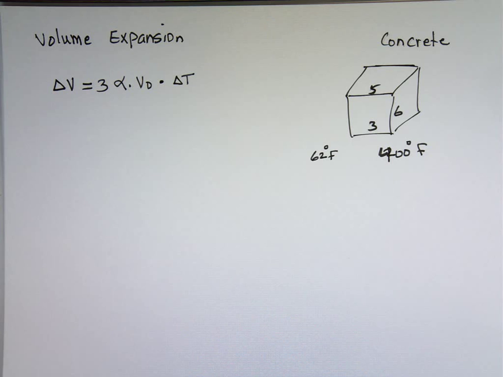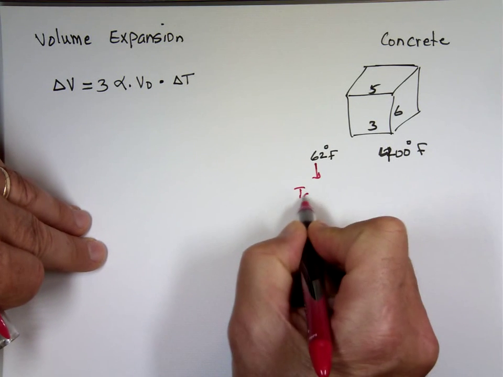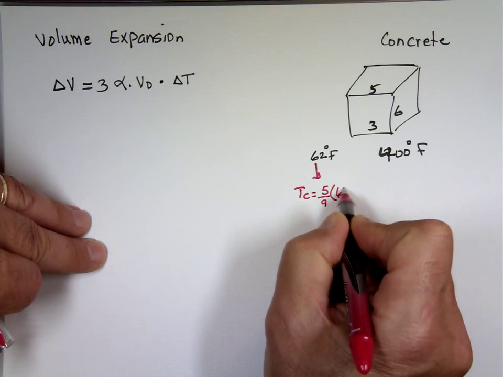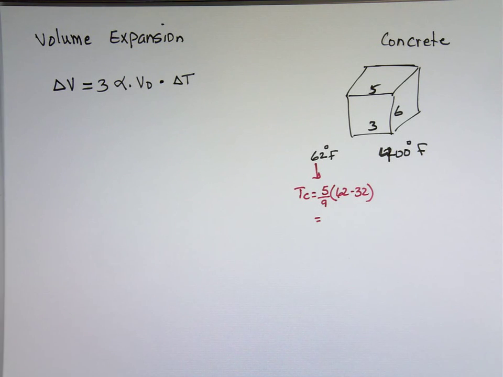So let's see, what's the temperature in Celsius here? For this one, T Celsius equals 5 over 9 times 62 minus 32. That's 30 times 5 divided by 9, approximately 16.7.